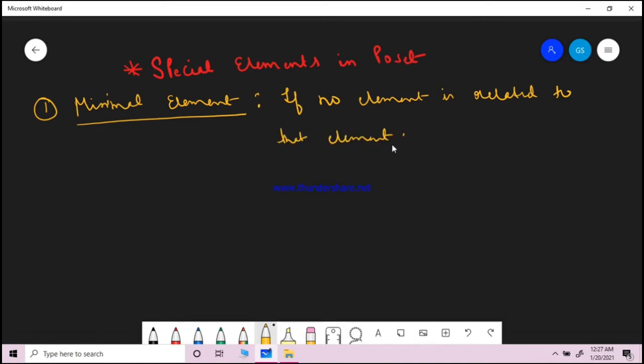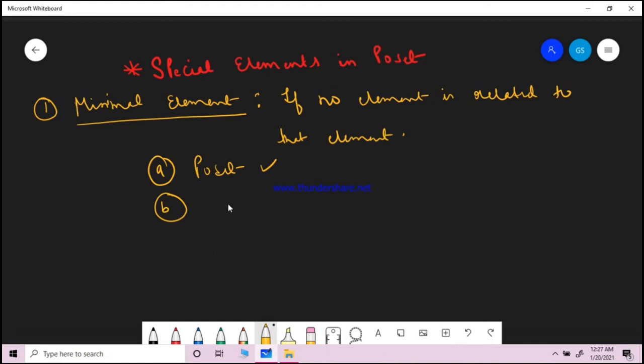What is the meaning of if no element is related? The first property is that it has to be a POSET. And the second property is that for an element to be minimal, there is no other element in the diagram related to that particular element.